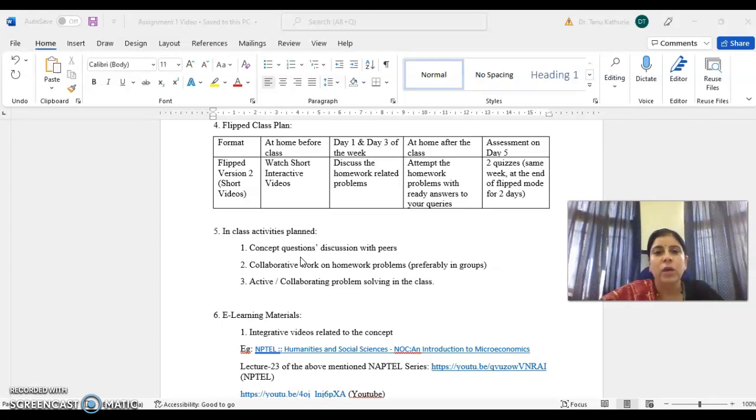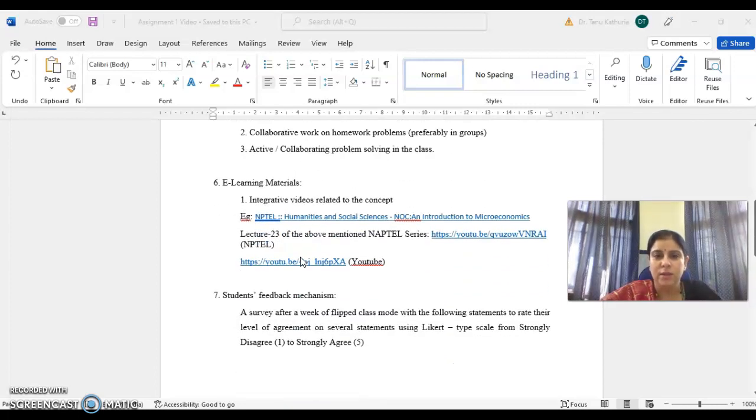And then you can collaboratively and actively solve the problems. It is not that only you as an individual are having problems. You can get it solved with your group members, or maybe you can help your group member address their problems. So that's how this flipped classroom is going to work wonders.